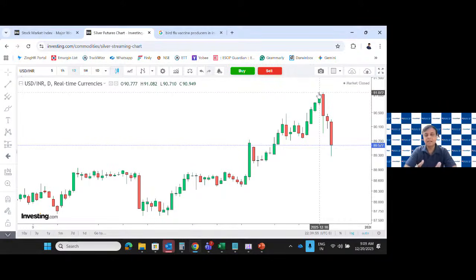So yes, there has been a positive development in the US market, but because of the rupee appreciation, precious metals in the local market will not perform as much as compared to the global markets. This is the most important development which has happened last week.